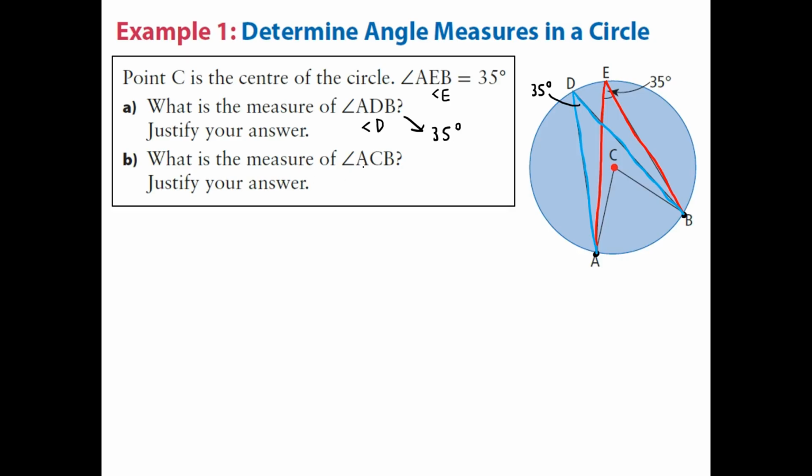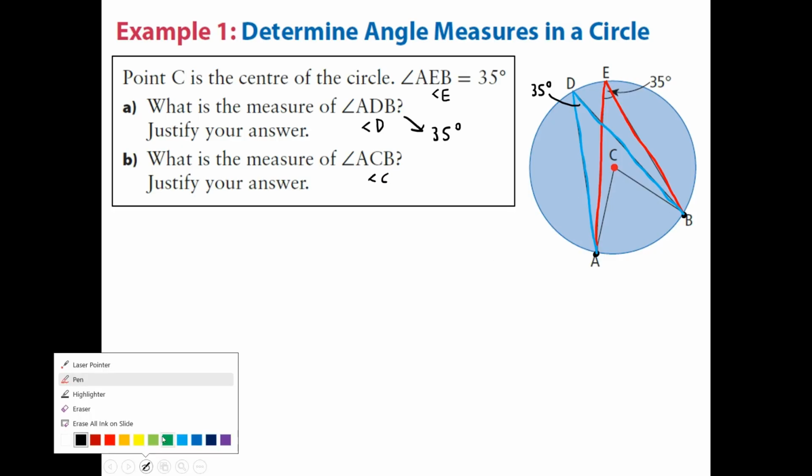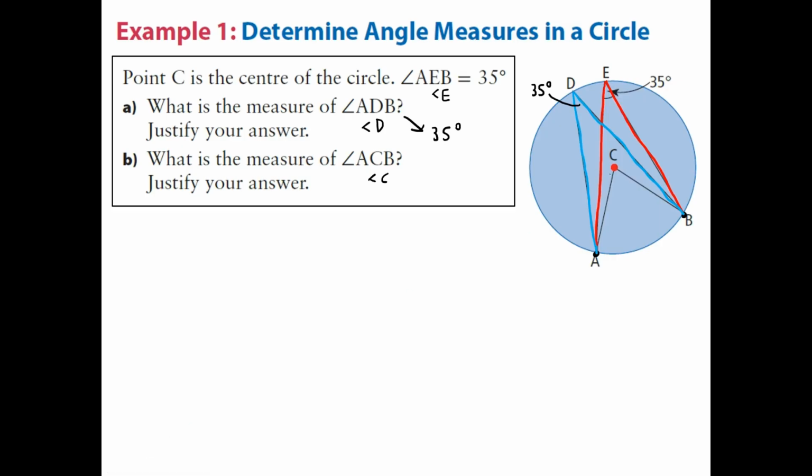Now, it also asks, what is the measure of angle ACB? So ACB is here. So that's angle C. Let's use green to represent that. Angle ACB also shares the same endpoints. Hence, it shares the same arc as my other inscribed angles.